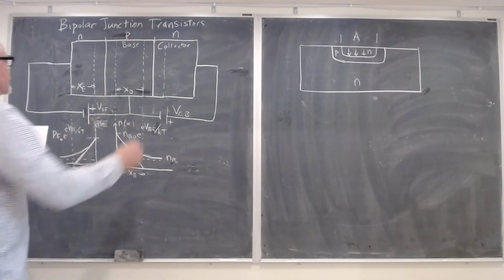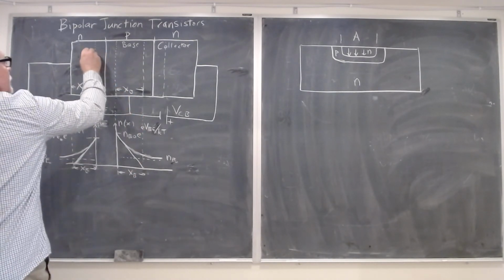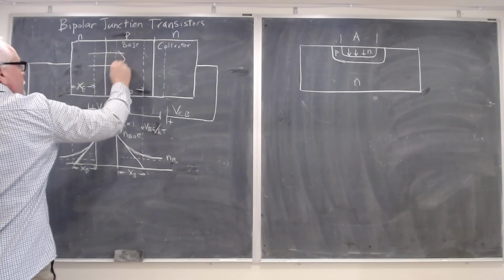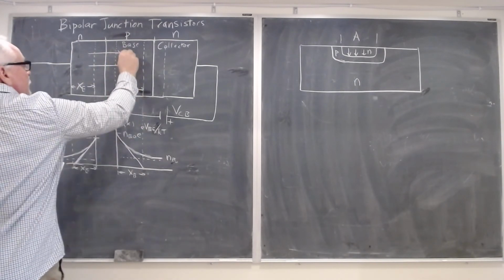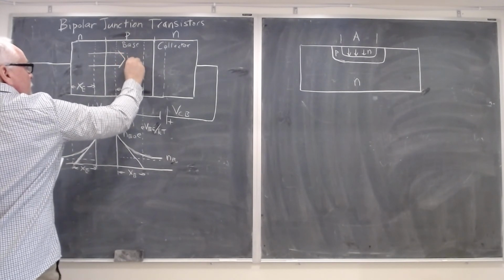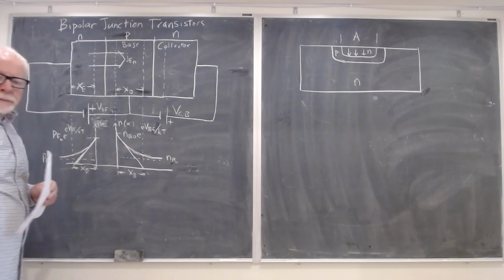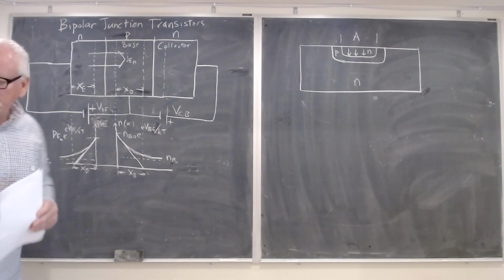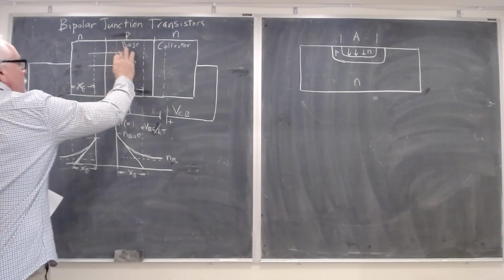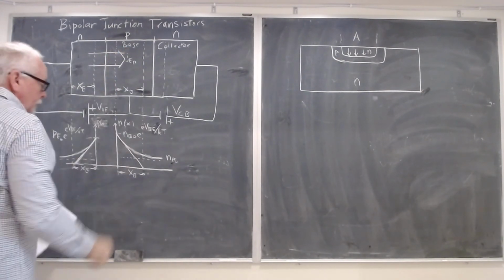And what I'm going to do is I'm going to draw them. So this one here, I'm going to label J_E sub N. Hold on a second. And that's this one here.